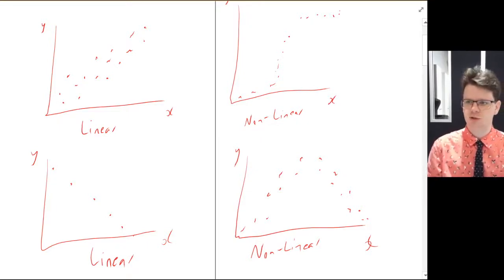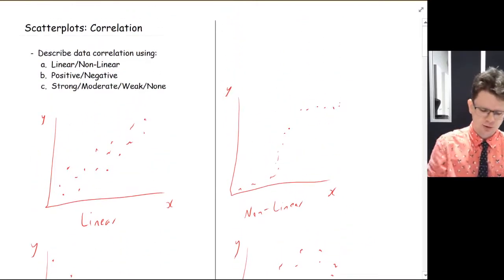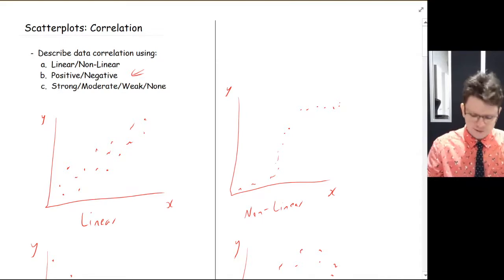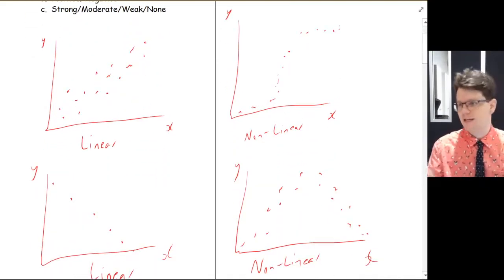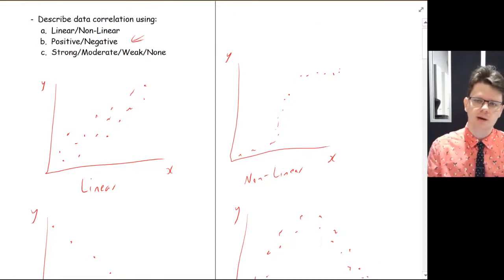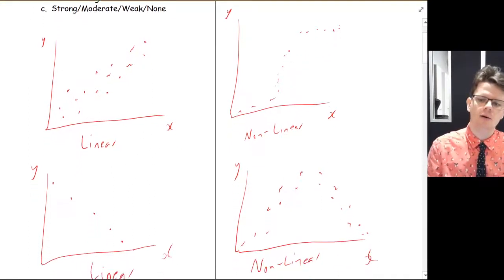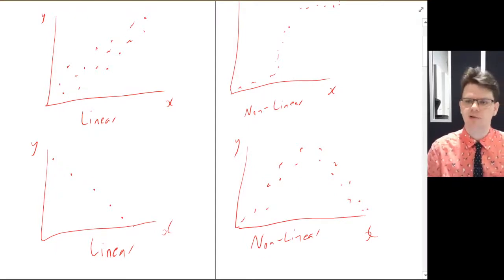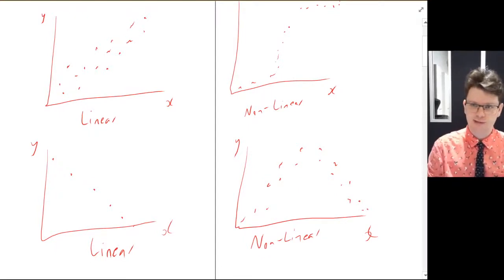What's linear? What's non-linear? Well, the next part about it is to do with this positive or negative. Now, if it's non-linear, we don't care. It's out. I only care about whether it's strong, positive, or negative, depending on the different types of linear. So these guys are both linear, and they give us two different examples.